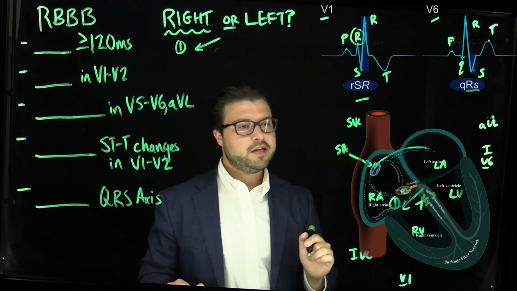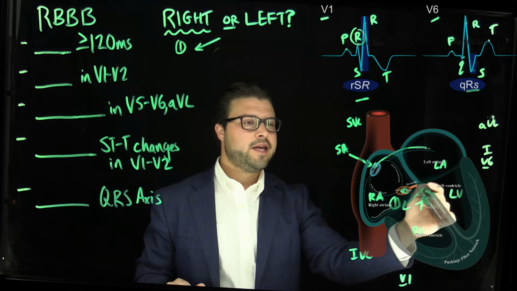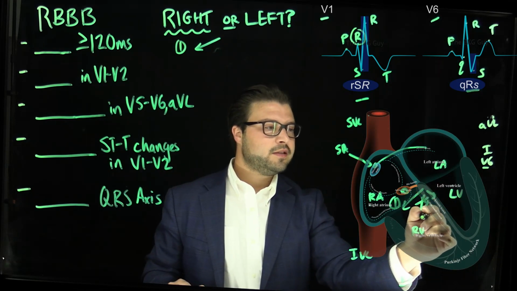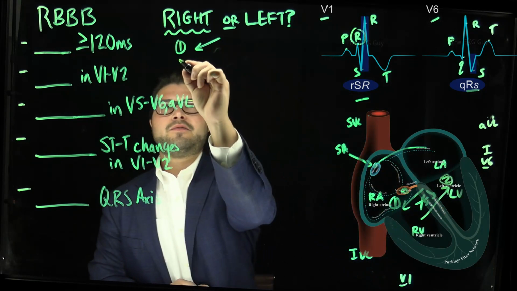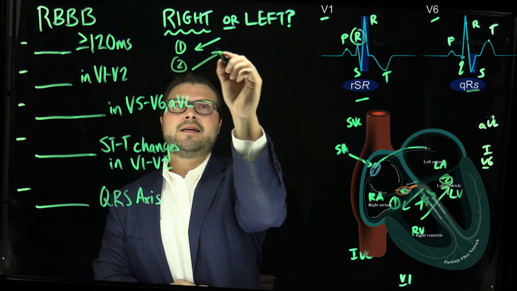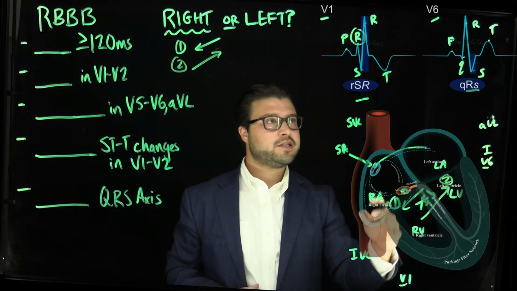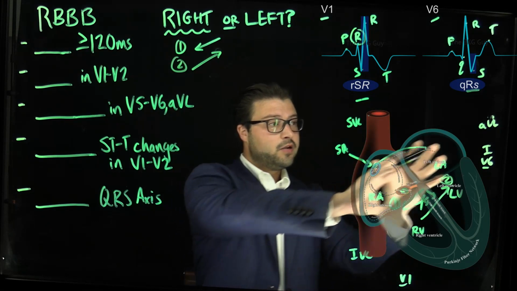So that's vector 1. The second thing is conduction continues down the left side of the heart, okay? And it's able to depolarize the left ventricle. As a result, the left ventricle is depolarized and you have a second vector, okay? So vector number 2 is heading in that direction from the right to the left, okay? Notice it's going from essentially the V1 lead and going towards V6.